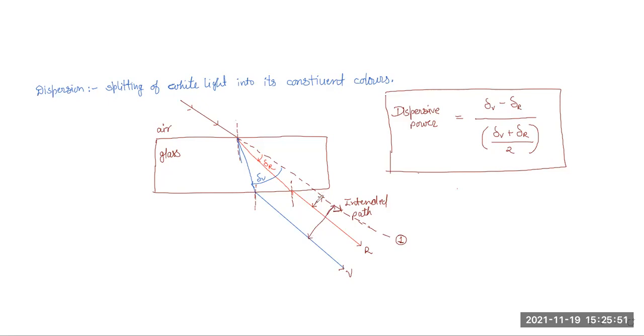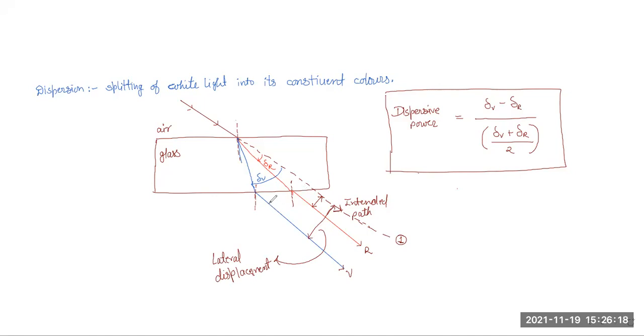This displacement, rather, we call this type of displacement lateral displacement. This is another concept we must know. What do you mean by lateral? Parallel. So the ray is parallelly displaced.